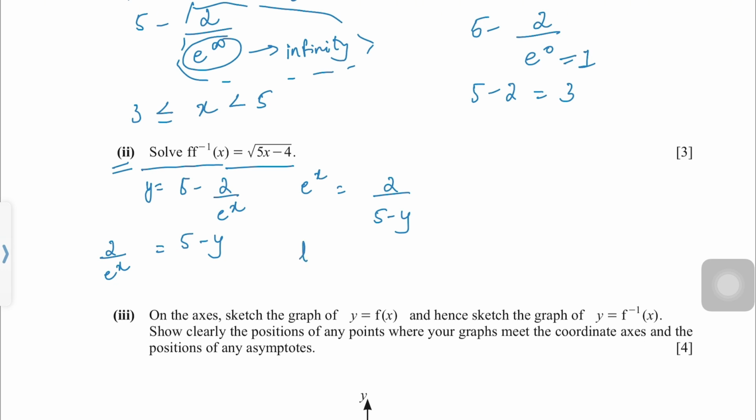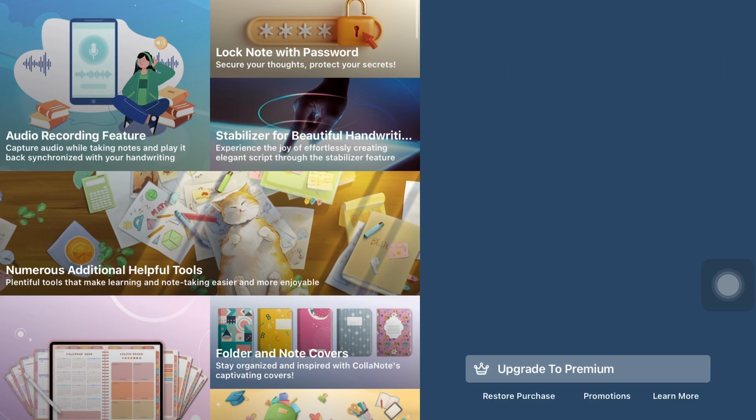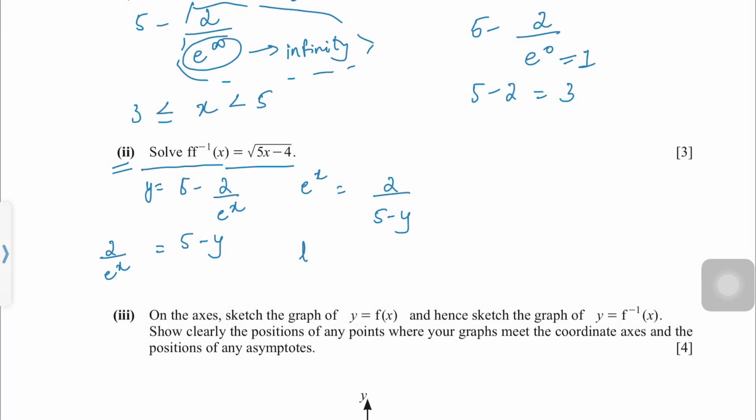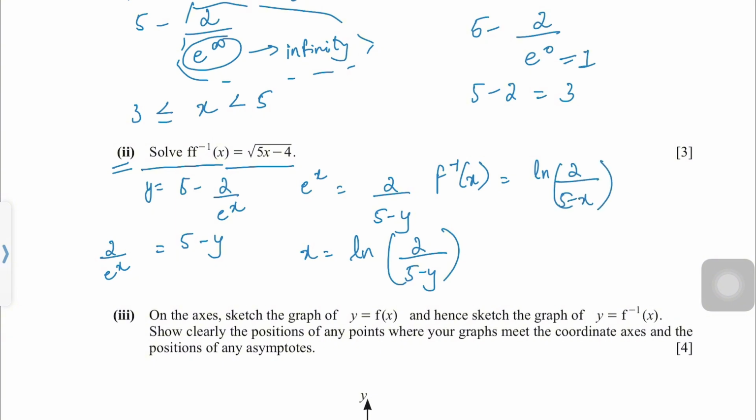We'll apply ln on both sides. ln e is 1. So this would be x equals ln of 2 over 5 minus y. And we can substitute to get f inverse x as ln of 2 over 5 minus x.